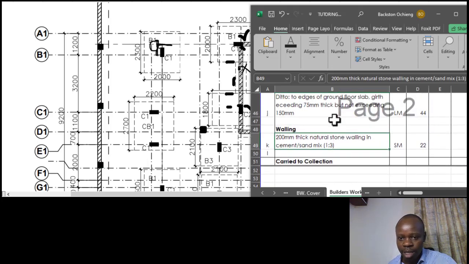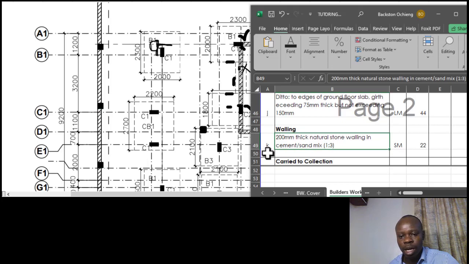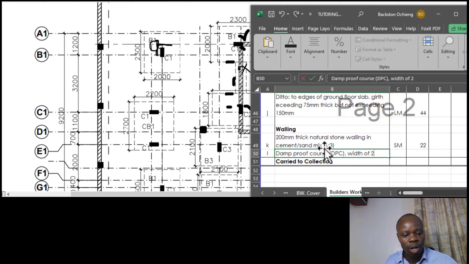Then the next item, which is also considered part of the walling, is the DPC, or the damp proof course. Damp proof course, or you can call it the DPC, width of 200 millimeters.